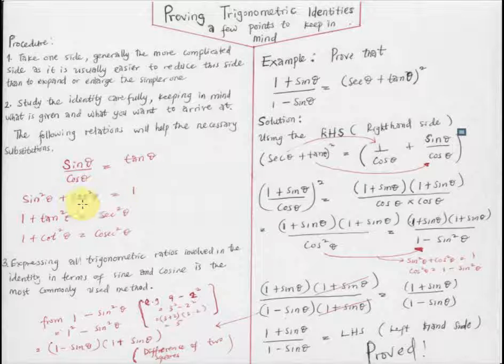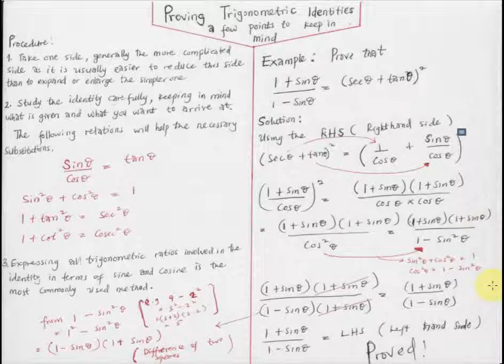Now we have cos squared theta. If we make cos squared theta the subject of this formula and move the sine squared theta over, it becomes minus sine squared theta, so cos squared theta equals 1 minus sine squared theta. Then we have our top as it is, 1 plus sine theta, 1 plus sine theta.